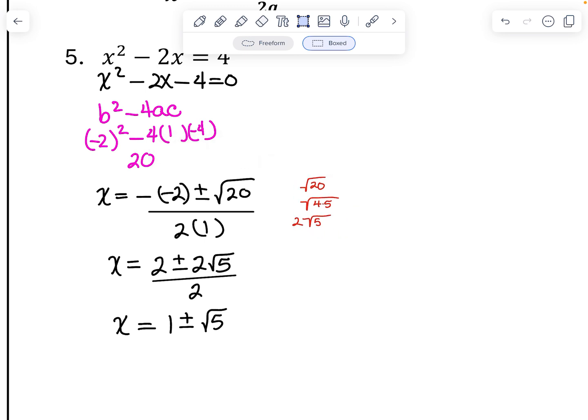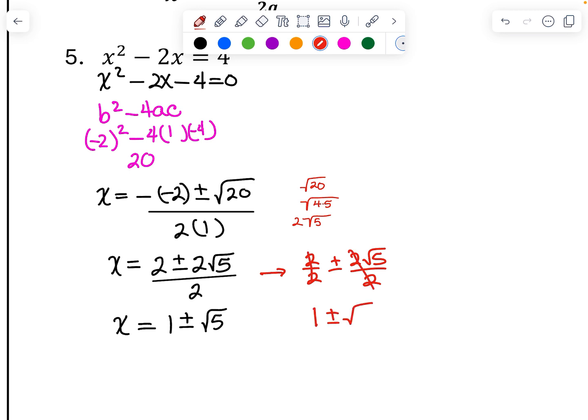And if you want to know what happened here, if I take this and break it into 2 over 2, plus and minus 2 radical 5 over 2, then these reduce to 1, and these reduce to radical 5. So that's how I did that. All right.